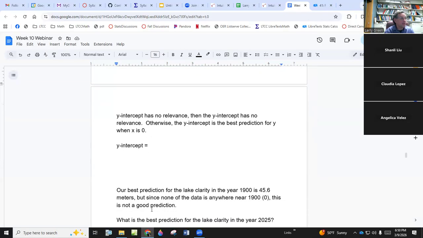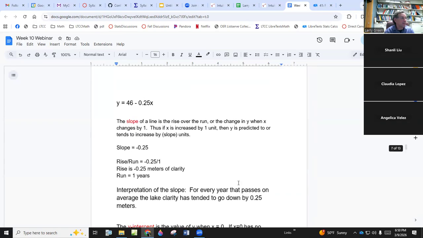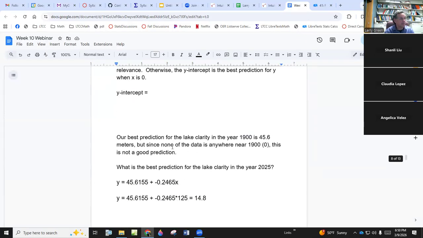So in our case, we can say that the best prediction for lake clarity in the year 1900, because that's zero, since these numbers were the years after 1900, is 45.6 meters, because that was the y-intercept.